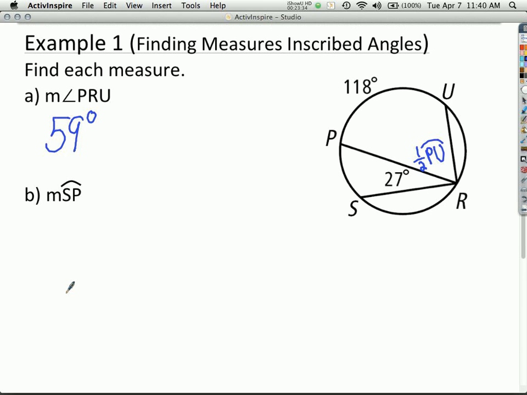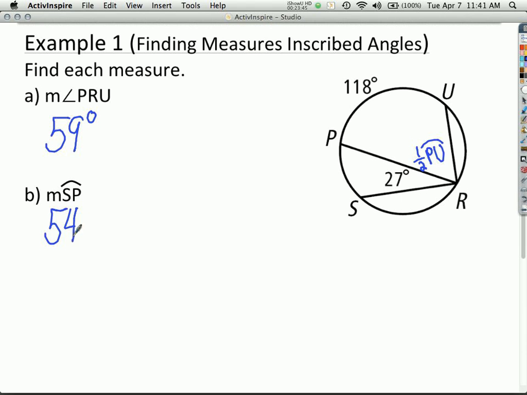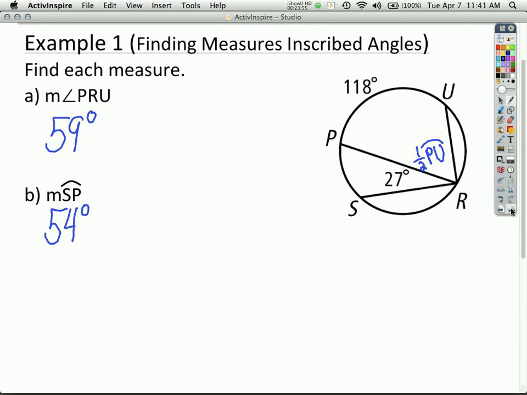Beautifully said. The arc is going to be twice the angle, and so arc SP will be what, Alicia? I'm sorry? 54 degrees. Very good. So, does anyone have any questions about the basics? Any questions or concerns? Okay.